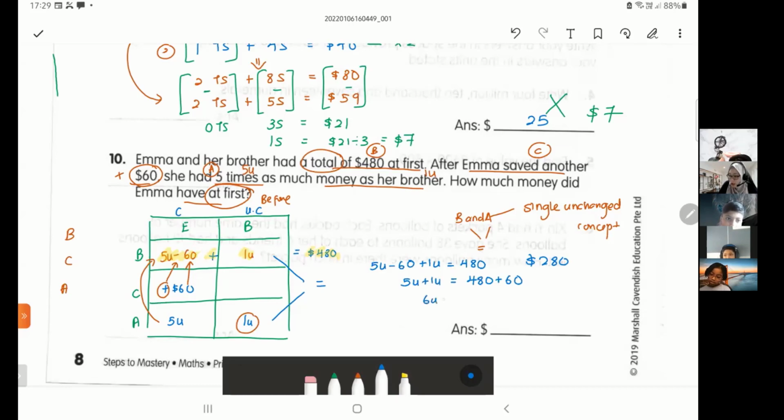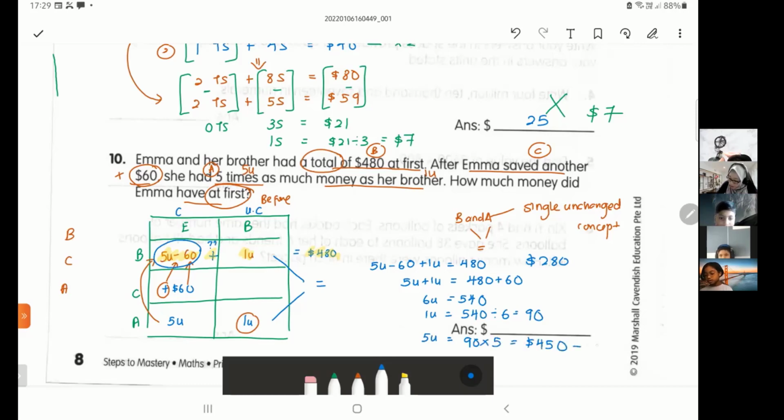This is 6 units equals 540. Okay, now 1 unit equals 540 divided by 6 and I get 90. Now, how much money did Emma have at first? Emma has this much at first. I want to find that, which is 5 units first. 90 times 5 equals 450.